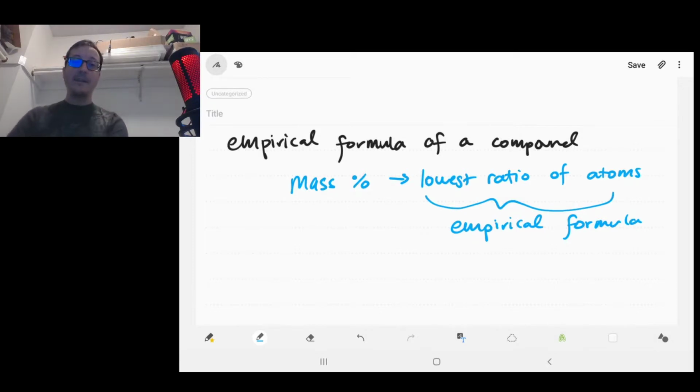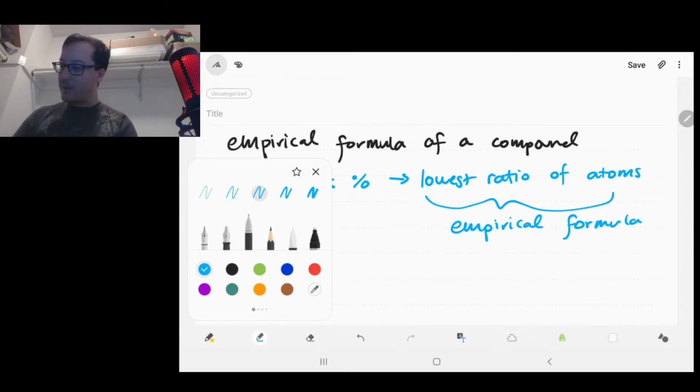So experimentally, they could come up with this information. And then, using the fact that compounds have fixed ratios of their atoms, they were able to come up with what's called the empirical formula, which is the lowest ratio of elements to each other in a compound.